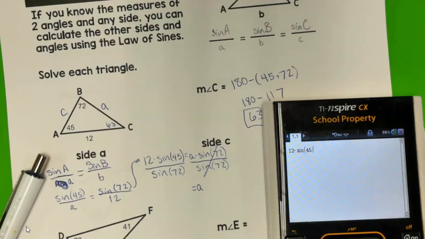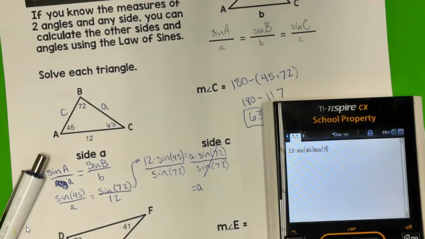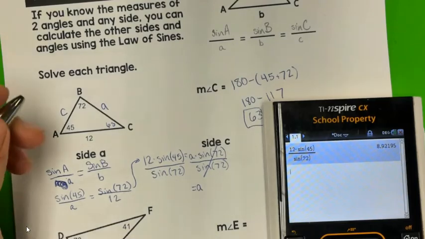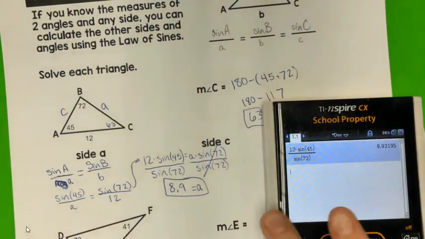And then this is all going to be divided by sine of 72. And so we're going to get 8.9. That's going to be our side A.